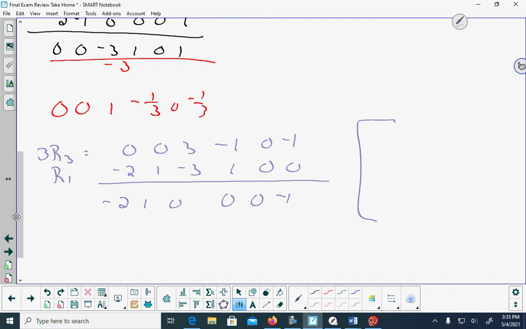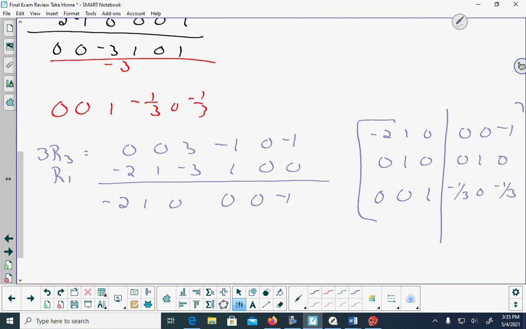Negative 2, 1, 0, 0, 0, negative 1. Row 2 is 0, 1, 0, 0, 1, 0. And row 3 is 0, 0, 1, negative 1/3, 0, negative 1/3. So that's what I have right now.